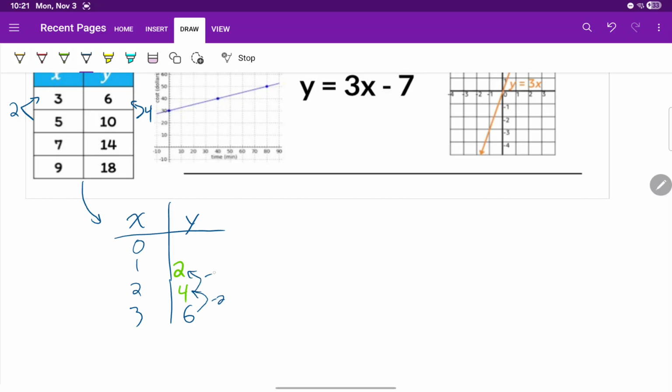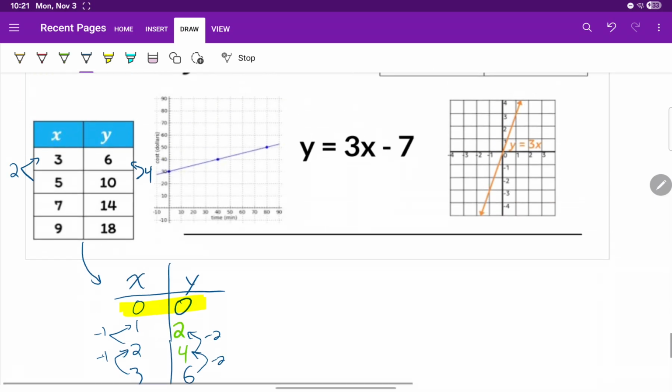If I'm going the reverse way, down 2, right, down 1, down 1. So my last number here is going to be 0. Look at that. This one is also at the origin. So this one is direct.